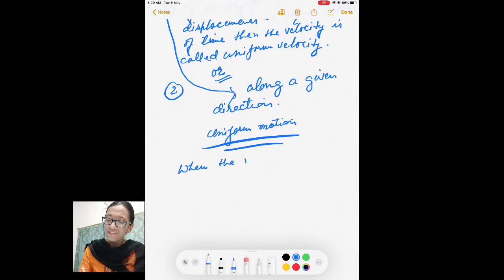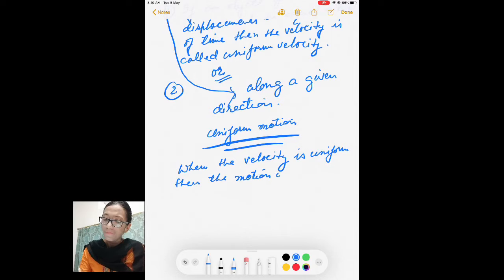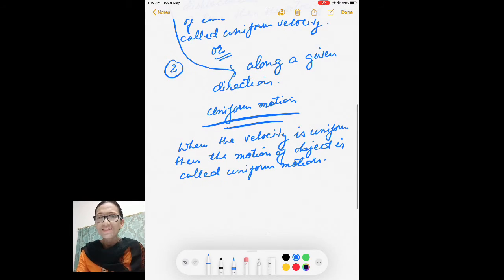When the velocity is uniform, then the motion of object is called uniform motion. Means equal distances travel in equal interval of time along a straight line, then such motion is called uniform motion.